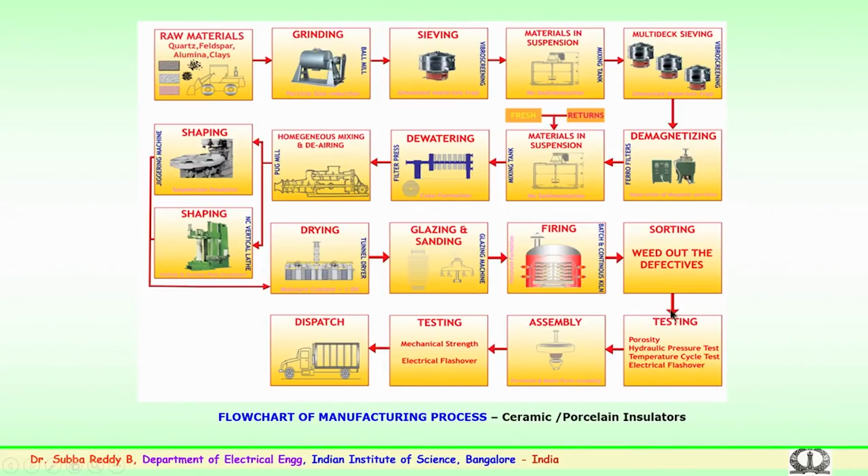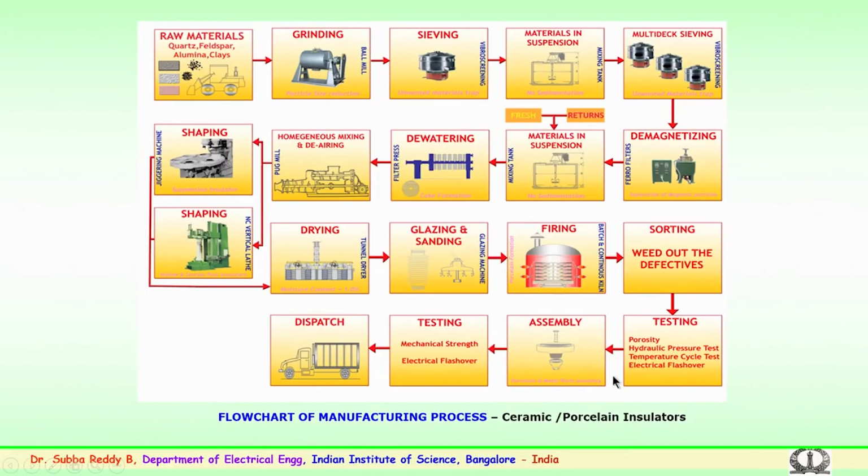These tests are performed after the firing, and then the assembly of the insulator is done. Assembly means the pin, the cap and the shell are connected with the help of Portland cement and the sand, to mechanically support. So, this assembly is done.